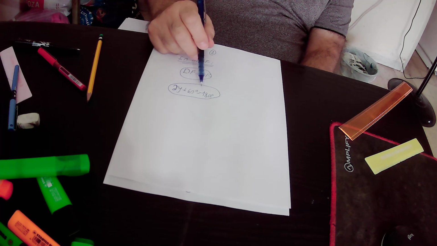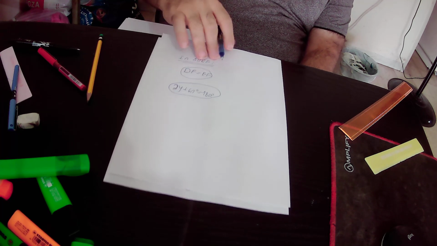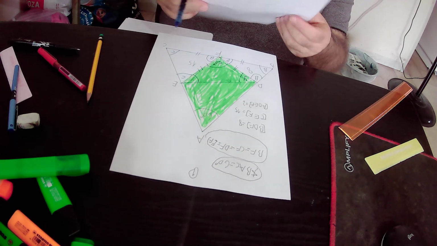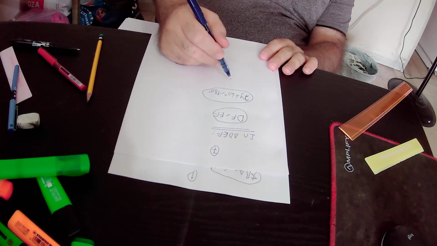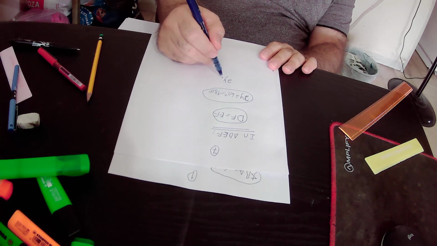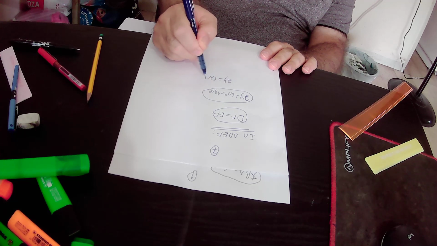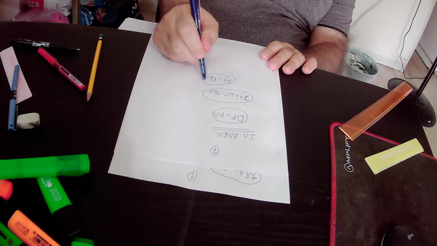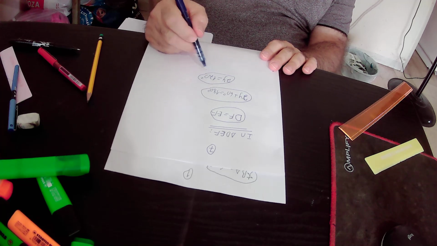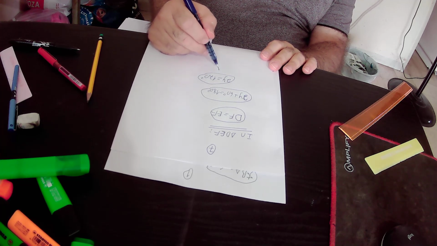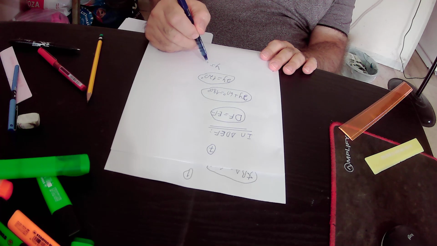Here we will subtract 60 degrees from this equality, and we will get that 2Y equals 180 degrees minus 60 degrees, which is 120 degrees. So here we divide this equality by 2, and we will get that Y equals 120 degrees over 2, which is 60 degrees.